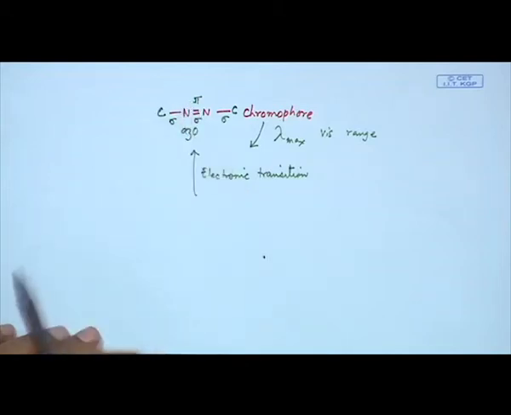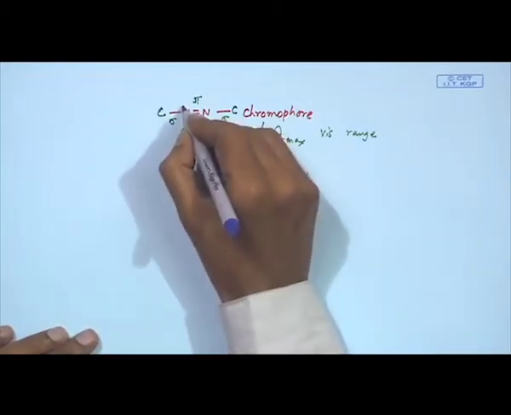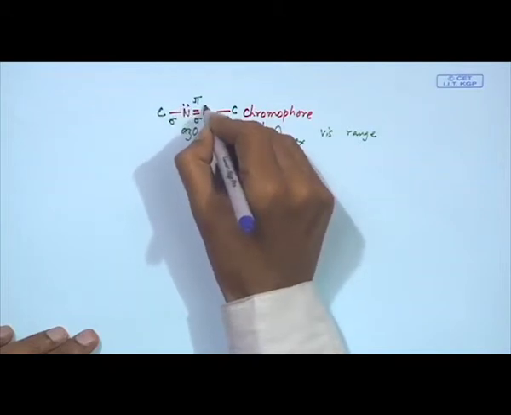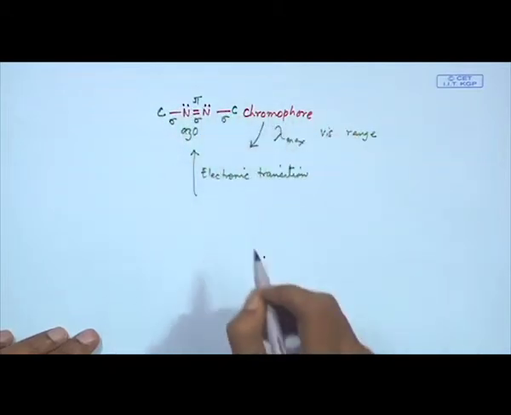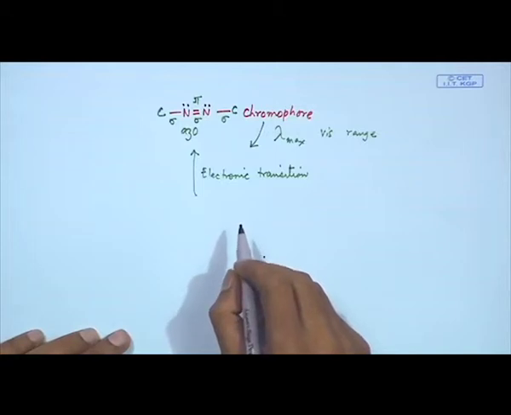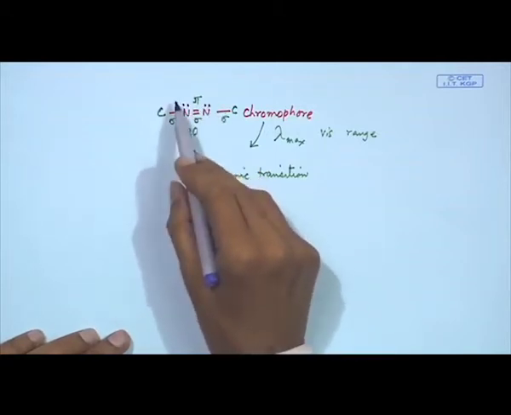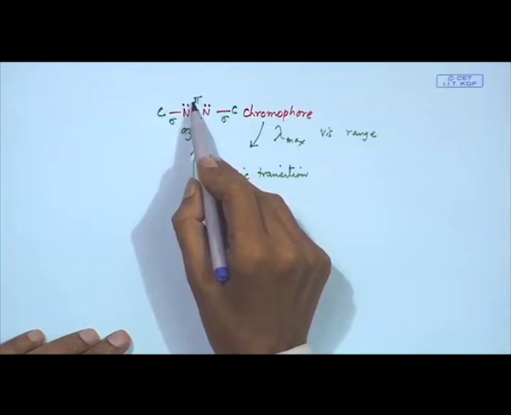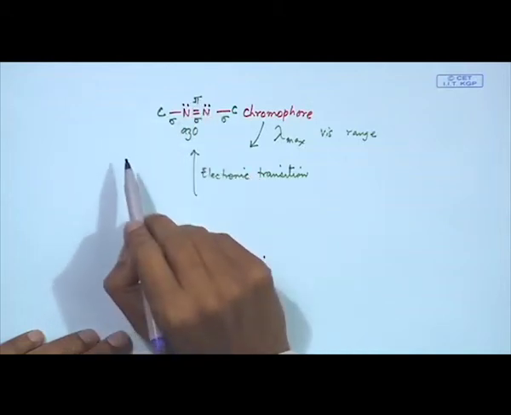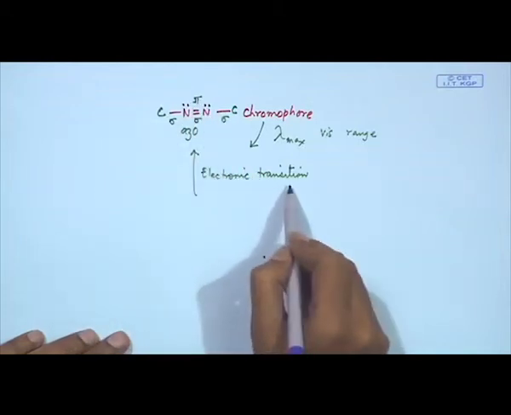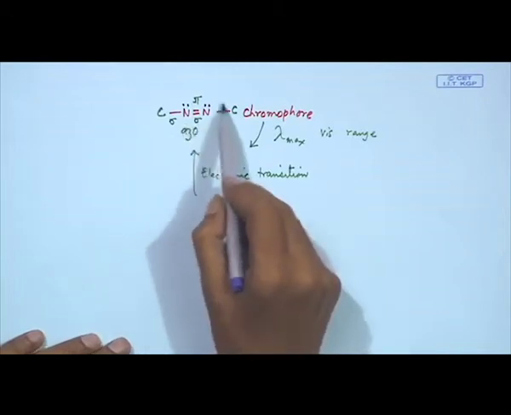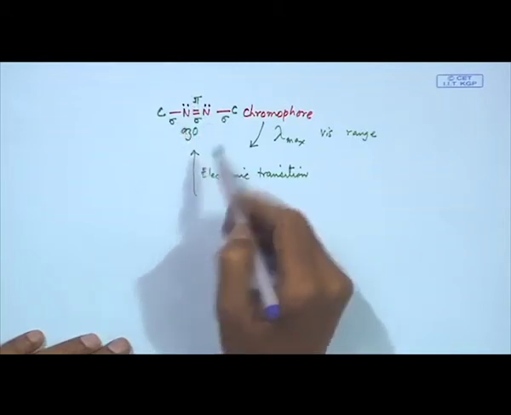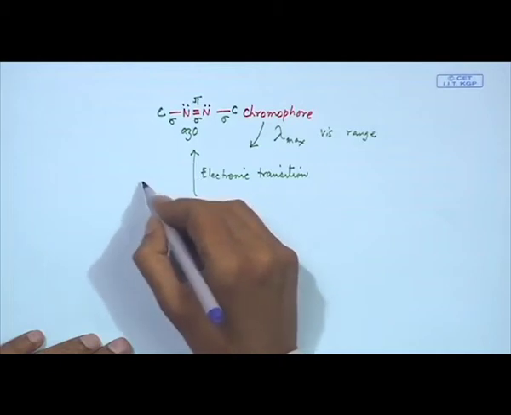So, the only available bond over here is the pi bond, and also we should look at the available lone pair of electrons on this nitrogen. So, these electrons, the pi electrons and the non-bonding electrons, are available to take part in these electronic transitions. So, this can be a very useful chromophore because it can absorb radiation.